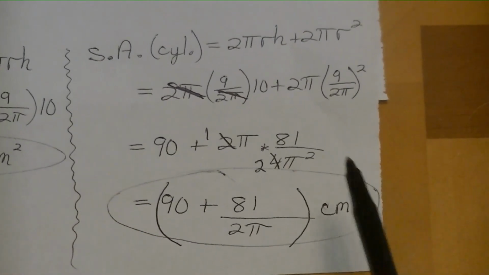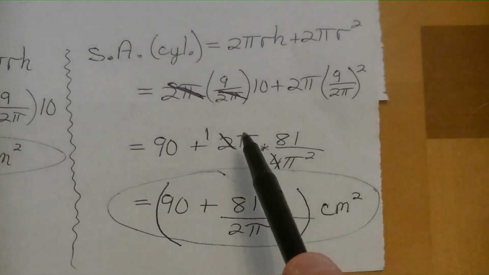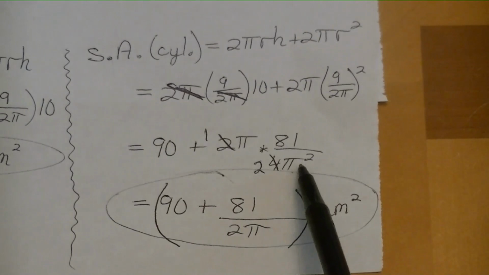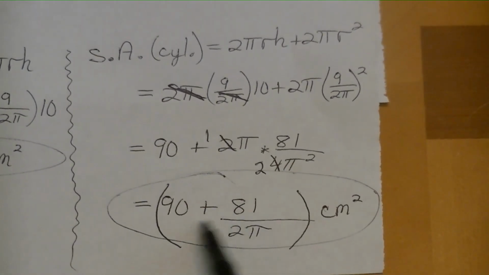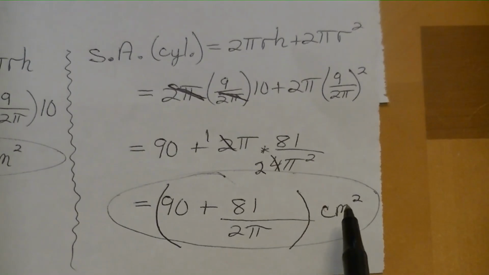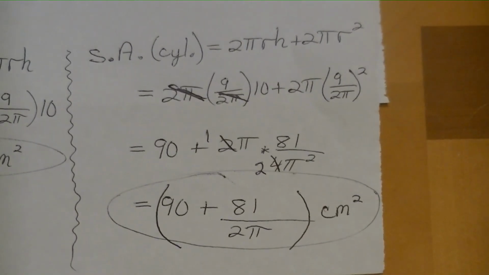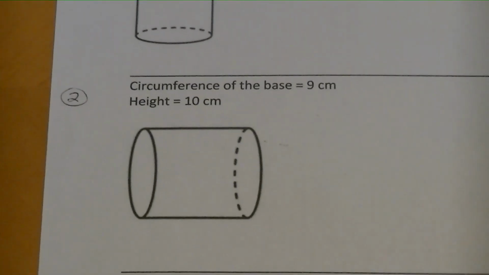So that's why my answer is, after this pi cancels with one of the 2 pi factors down here, 90 plus 81 over 2 pi centimeters squared.